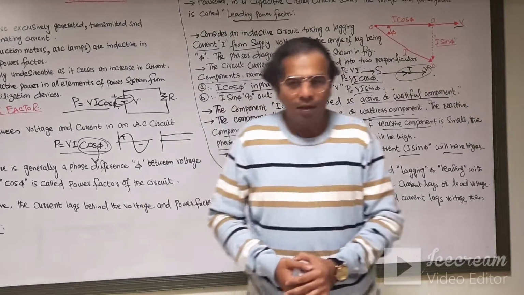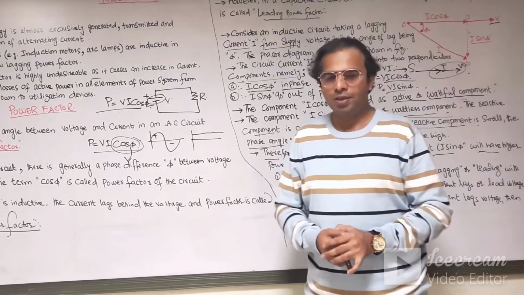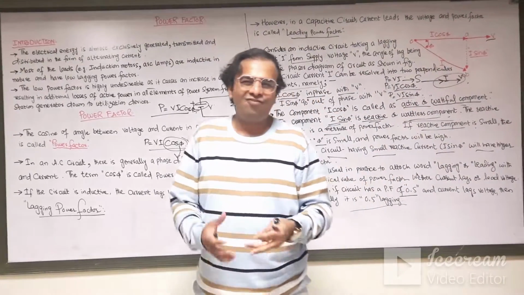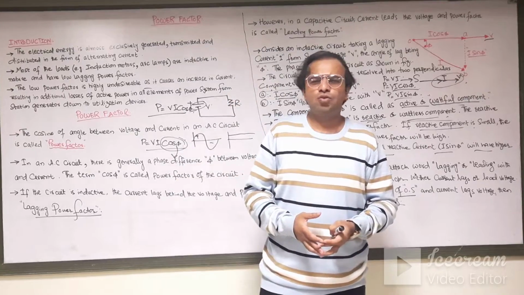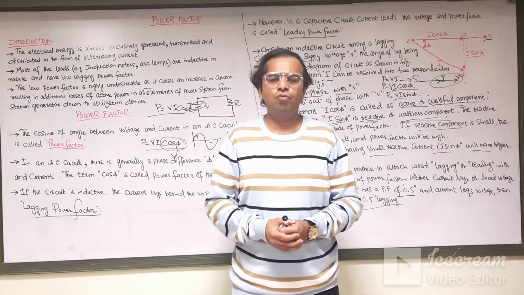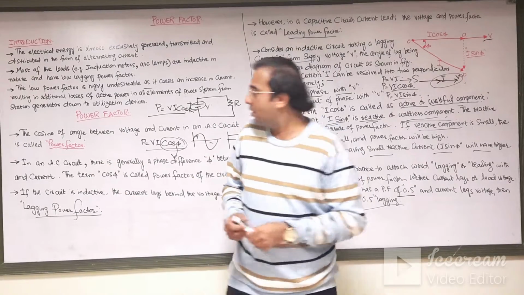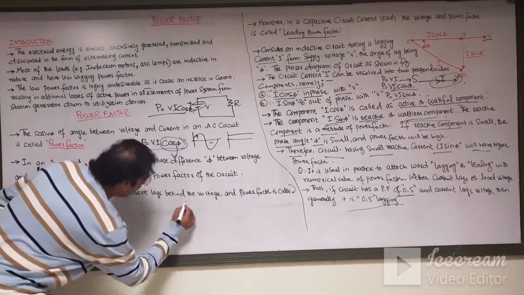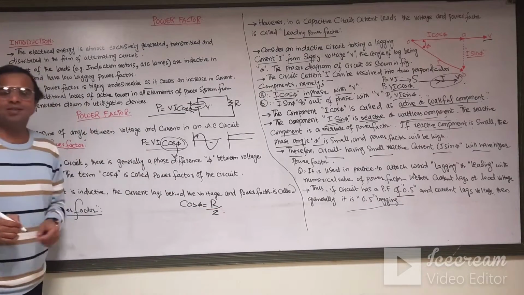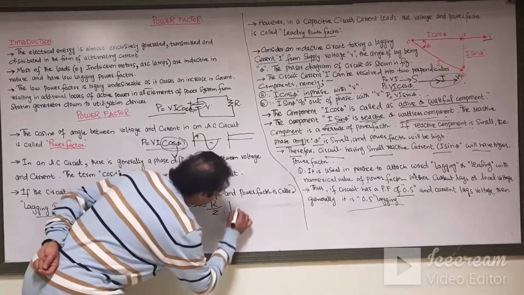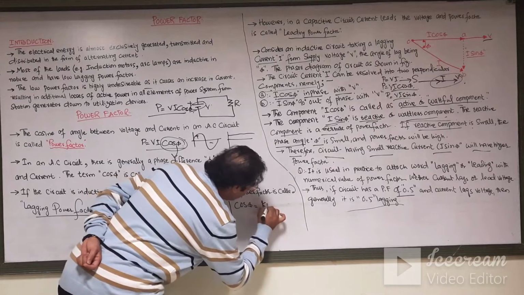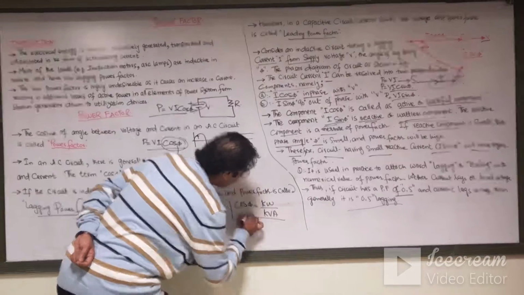So dear viewers, this was the lecture on the power factor introduction, what the power factor is, and there are several definitions of the power factor. The cosine of the angle phi between voltage and current is called the power factor. Power factor can also be defined as cosine phi, the ratio of resistance over impedance, or the ratio of kW over kVA.